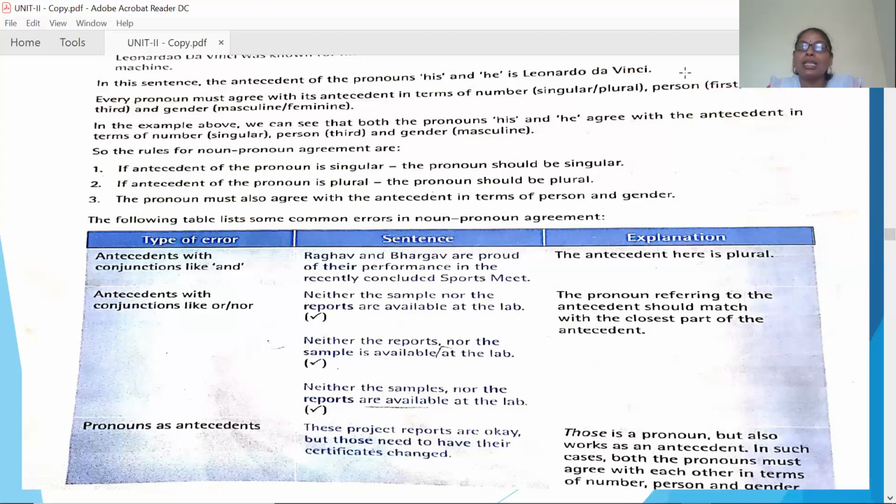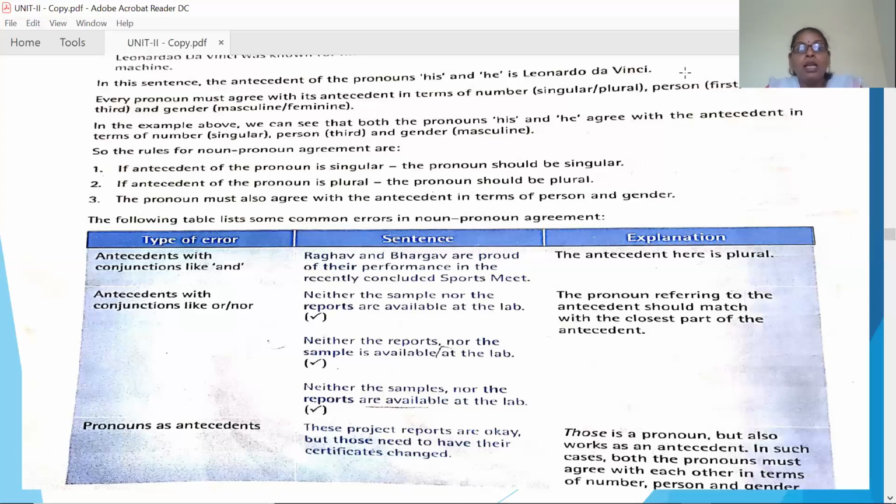Next, antecedent with conjunctions like or, nor. Let us see the example: Neither the sample nor the reports are available at the lab. What is the antecedent here?